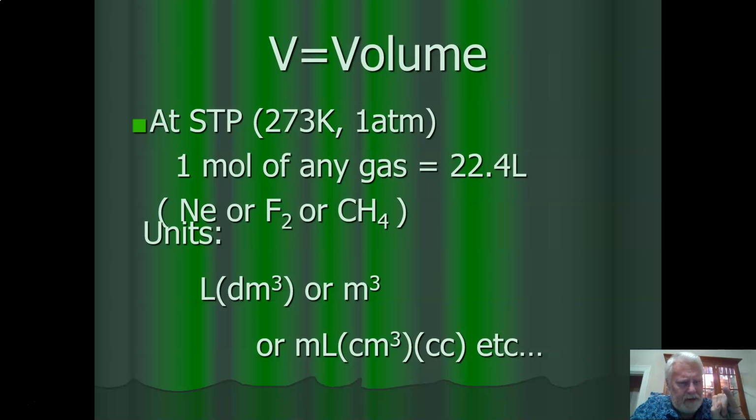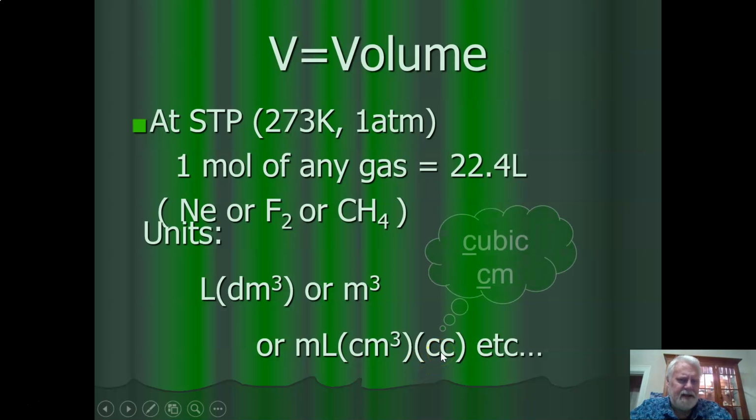So you go back to your little finger, and a centimeter by a centimeter by a centimeter would be a tiny little cube that would have a milliliter of volume. And another way of saying that is cc, which of course is cubic centimeter. Okay, so those are the volume units that we're going to use.